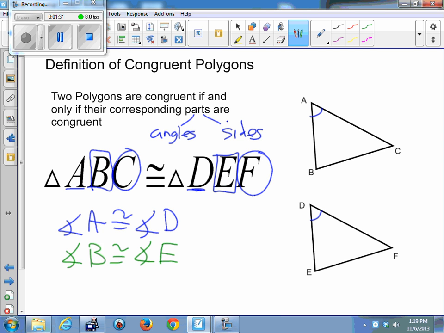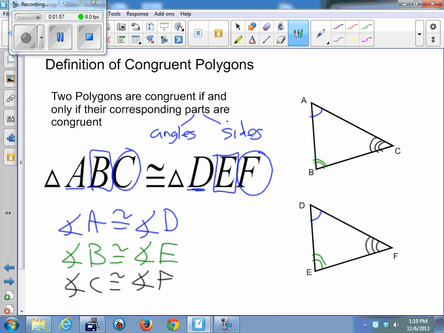It's A, B, C, D, E, F, so B and E go together. Here we can put that these two are congruent. And then we are left with the final one, which is C and F. So angle C is congruent to angle F. And then we can put our marks on our little triangle.